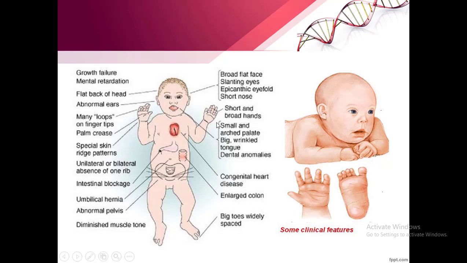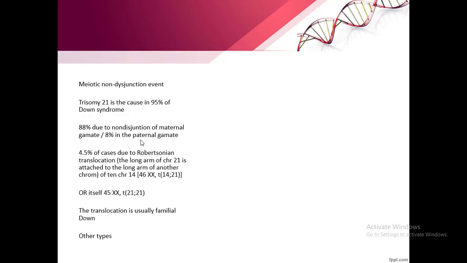broad hands and fingers, facial dysmorphology in the form of a broad flat face, slanting eyes, epicanthic eye folds, and short nose, etc. Some of these or all these dysmorphologies are present in variable percentages.